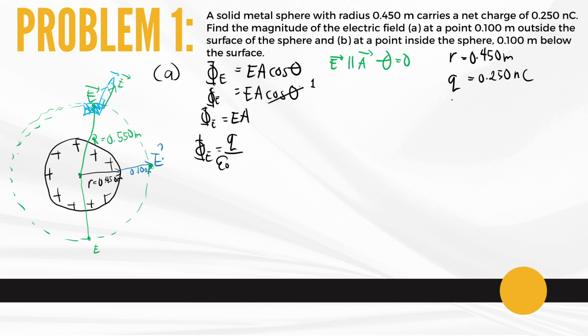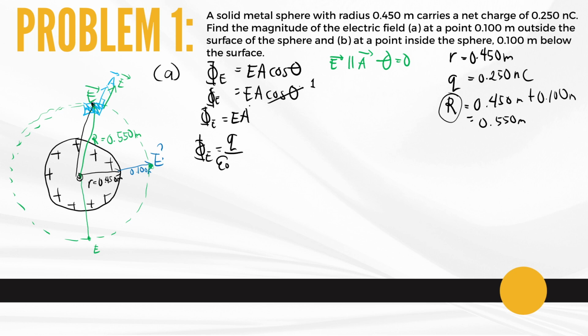Then I have a capital R of 0.450 meters plus 0.100 meters, so 0.550 meters. This capital R is the radius from the center of my sphere to the field point, the point where I want to find the electric field.